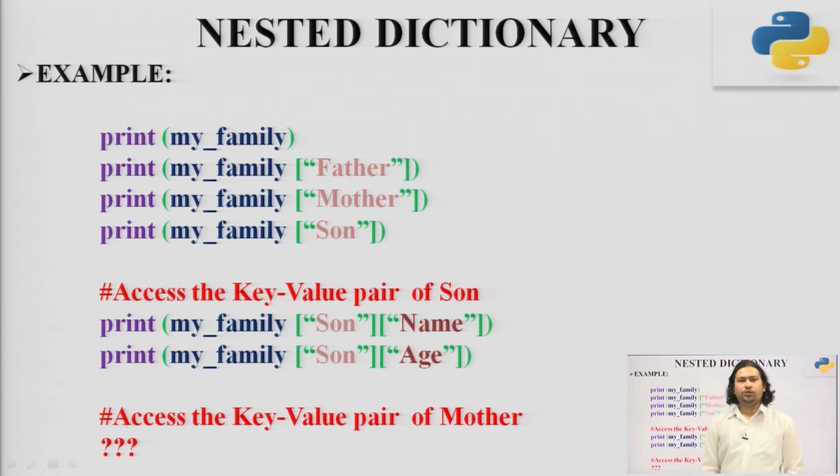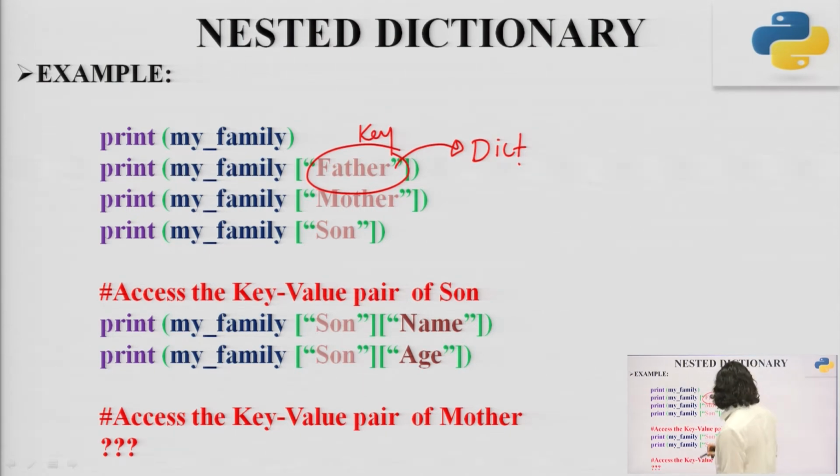Now, how are we going to access the elements in a nested dictionary? It is just like a path. Whenever we try to access the elements, we always access them through the key elements. But when we put the key element to access it, what are we getting? We are getting a dictionary.